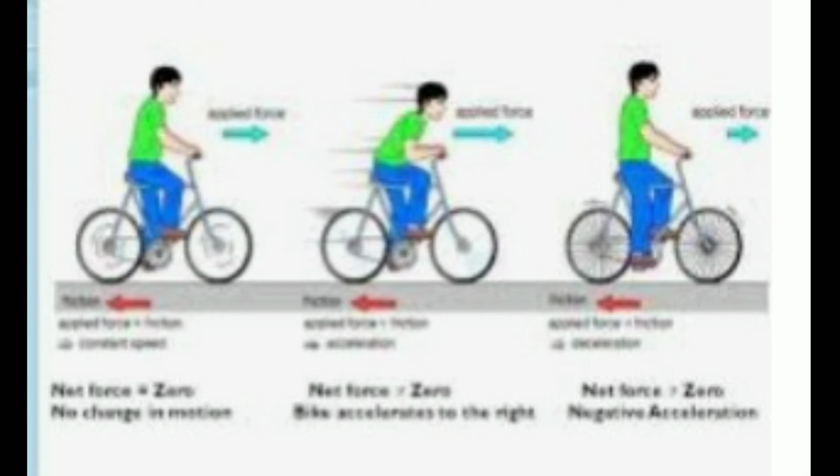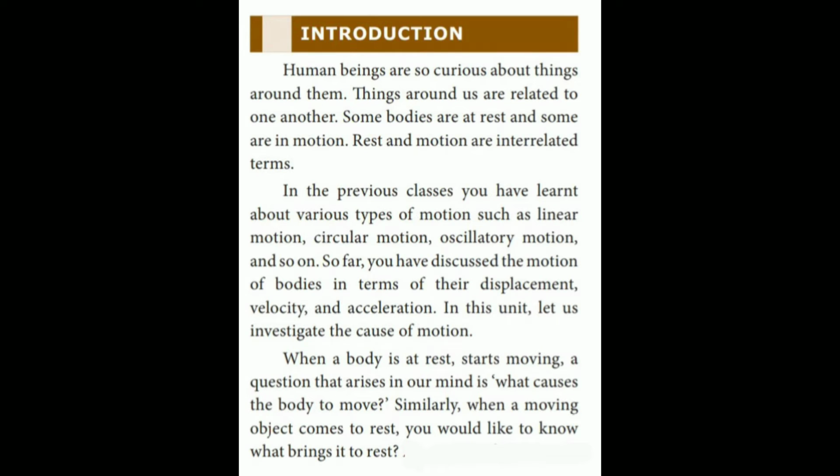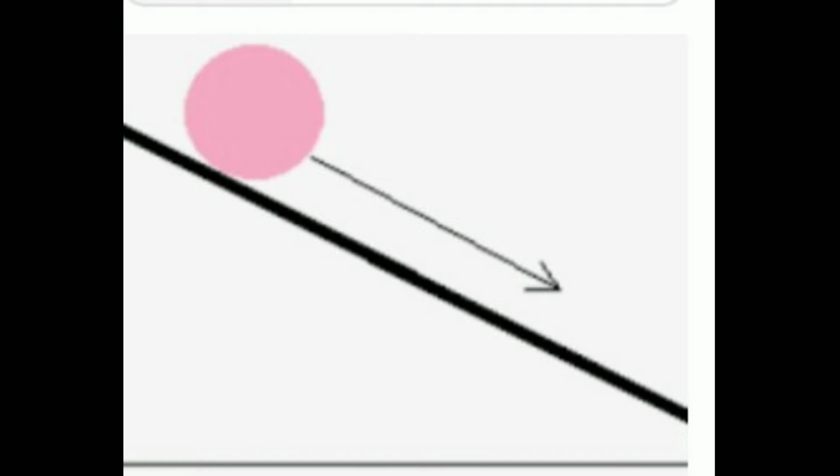When a body at rest starts moving, a question that rises in your mind is what causes the body to move. Similarly, when a moving object comes to rest, you would like to know what brings it to rest. One answer for all the above questions is force.